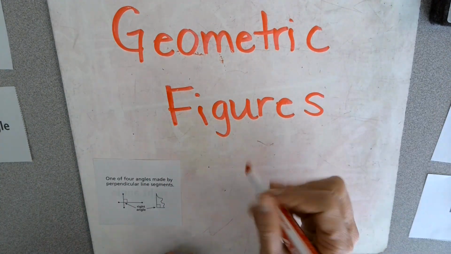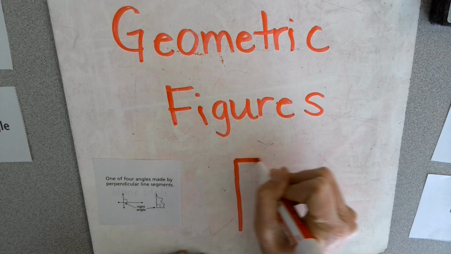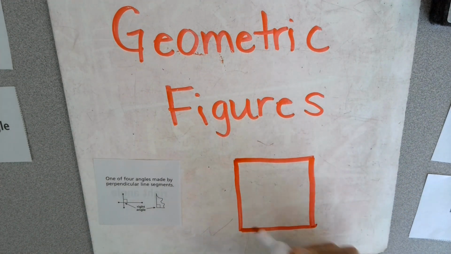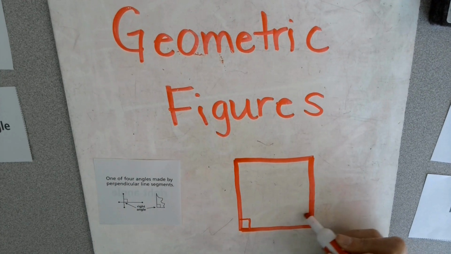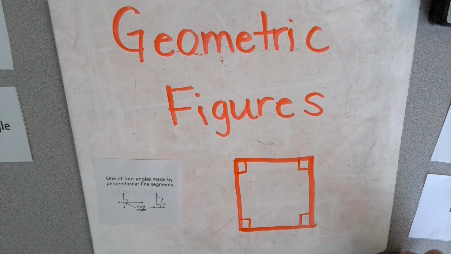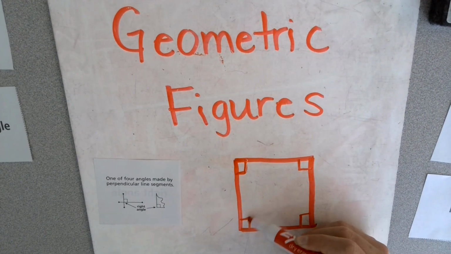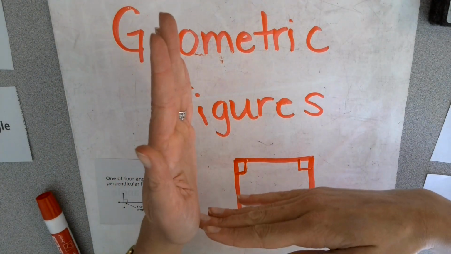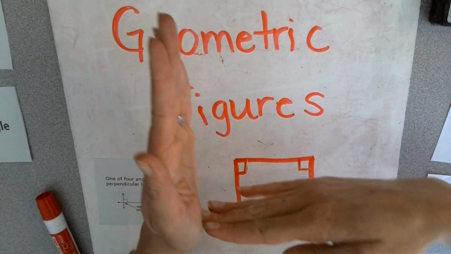So a square, for example, I'll try my best. This square, for example, the corners here are right angles. So I have 4 right angles here. So a right angle is an angle that creates a perfect square or a corner.